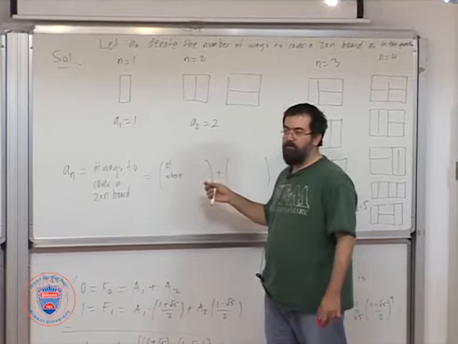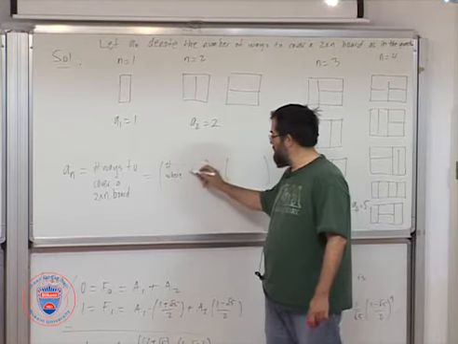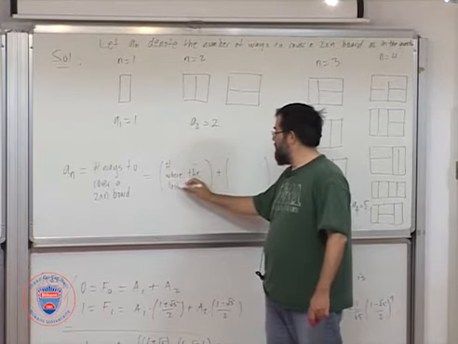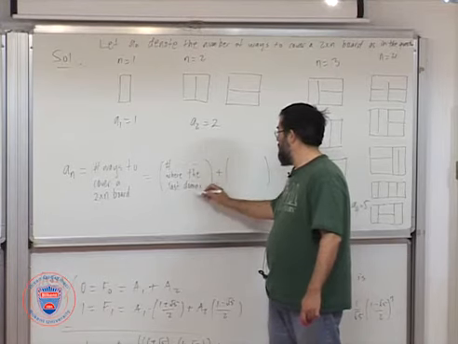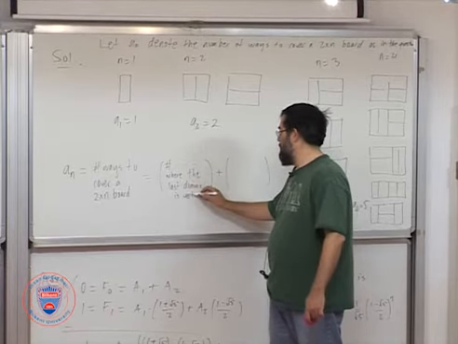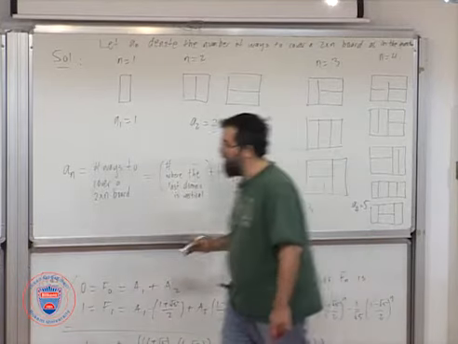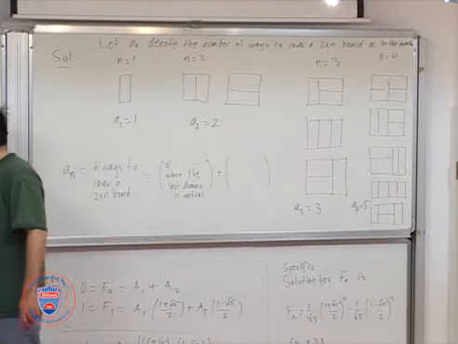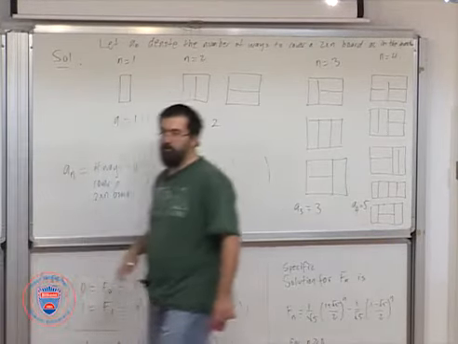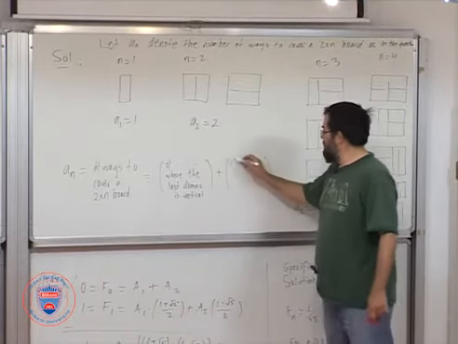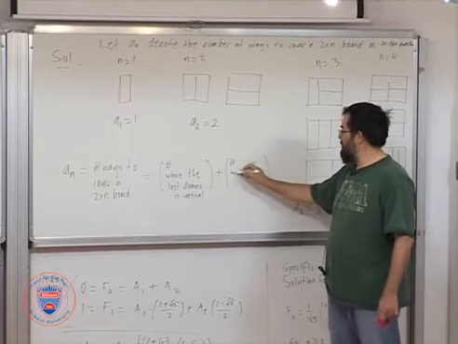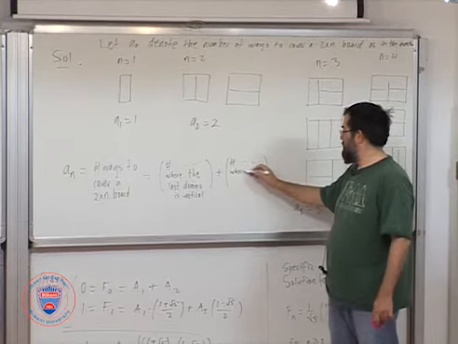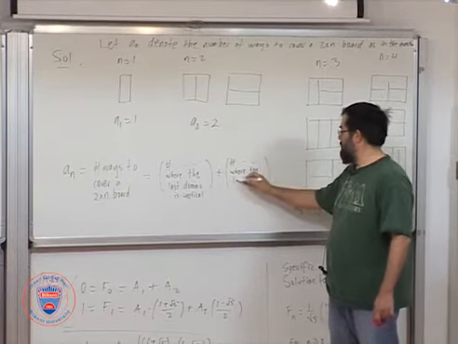The last domino is vertical. So if the last one is vertical, you specify that this one is vertical. The other one, the last domino is horizontal.